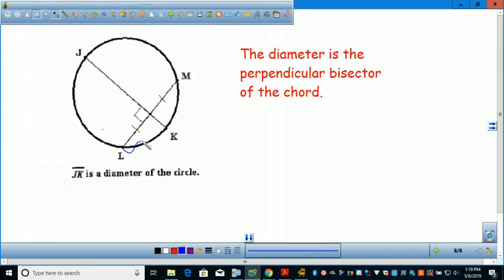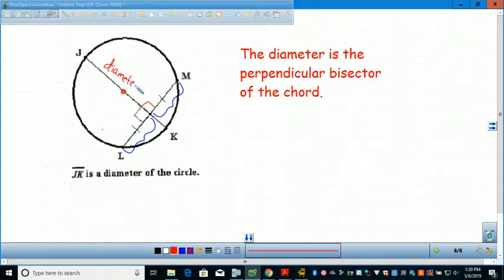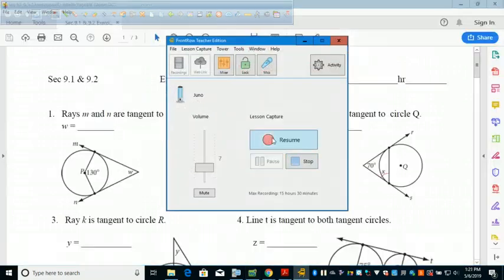That means this equals this, and this will be a right angle. That's if it's the diameter. So if this is 10 centimeters, this will be 10 centimeters, and there'll be two 90-degree angles. Now we're going to use these theorems to do a whole bunch of problems that have to do with chords and with arcs.